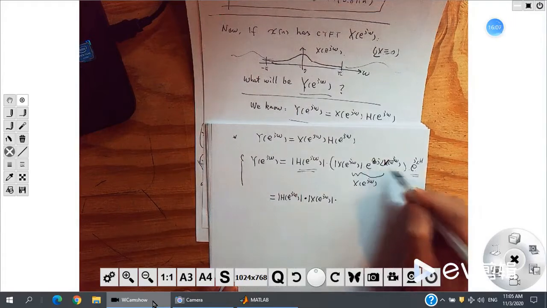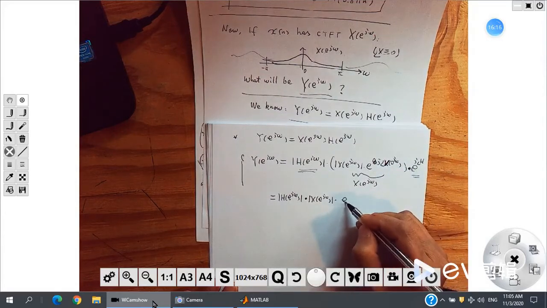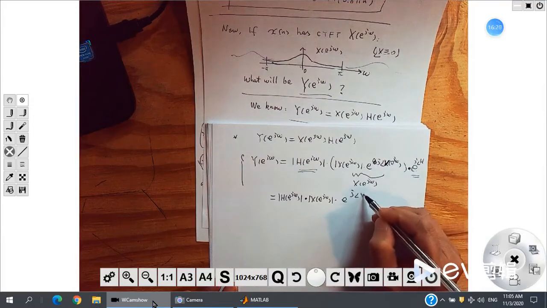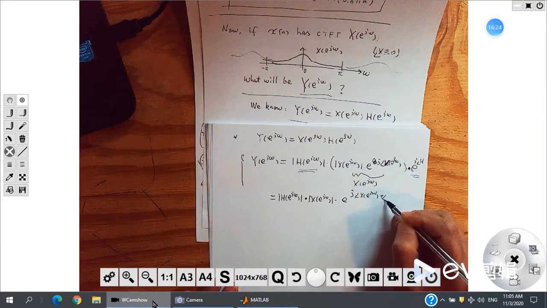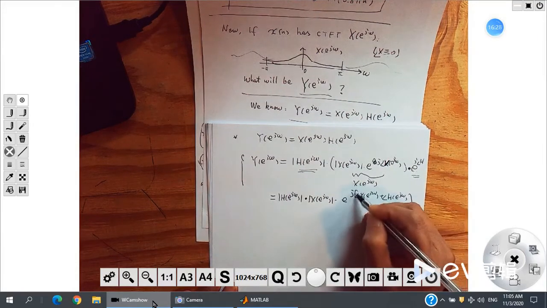I have two exponential powers multiplied together, so I can write a summation in the power: e to the j times the angle of X plus the angle of H, and we have this one.